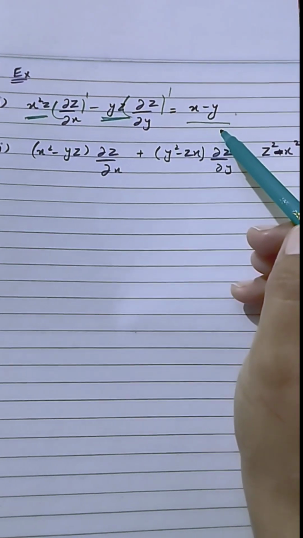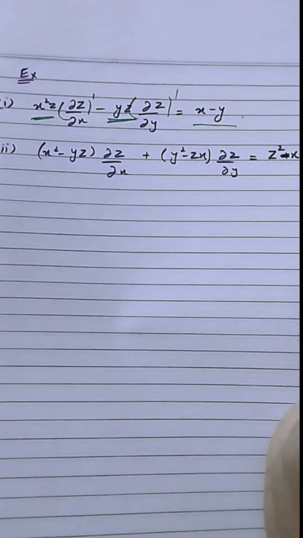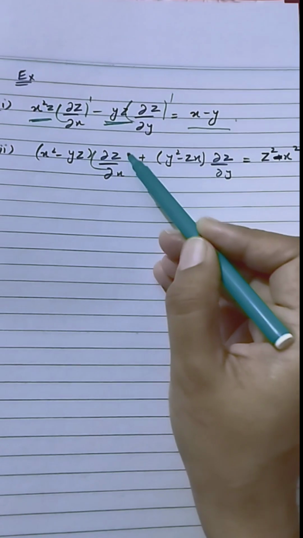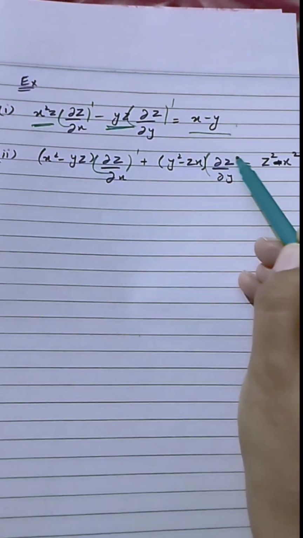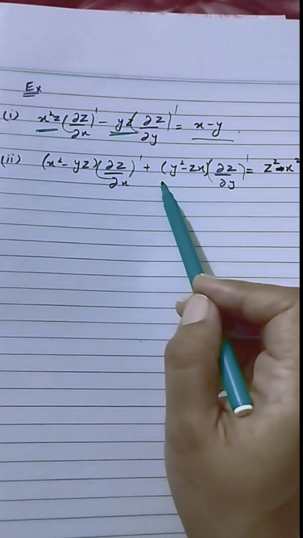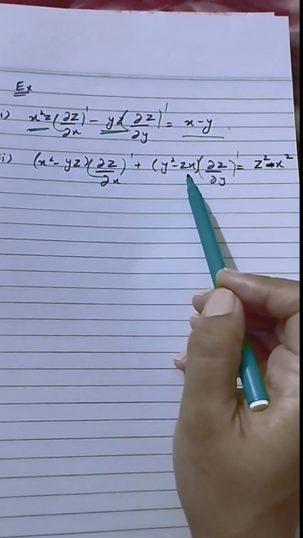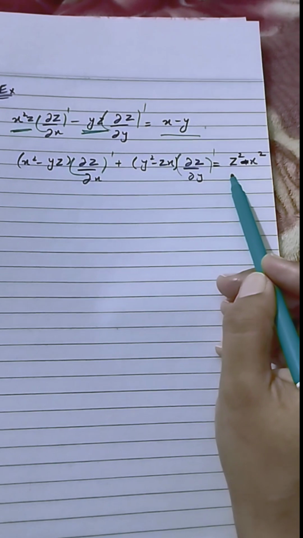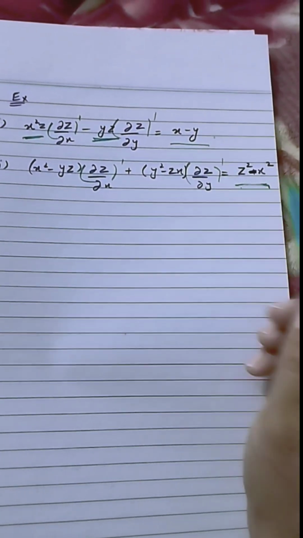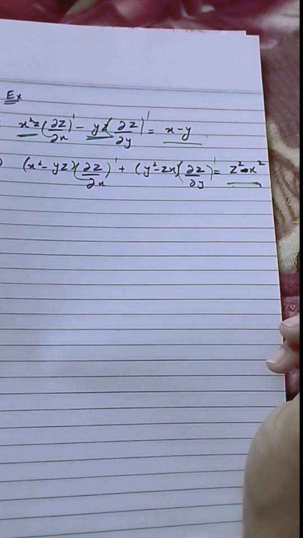So this is an example of a quasi-linear partial differential equation. Let's see another example. Here p is linear and q is also linear. Also the coefficients of these are functions of x, y and z, and r is also a function of x, y and z.